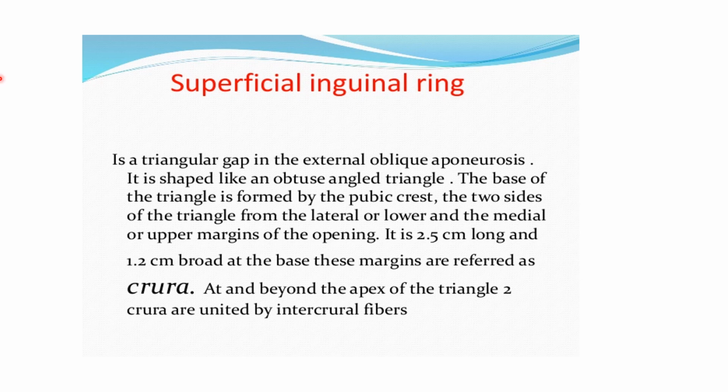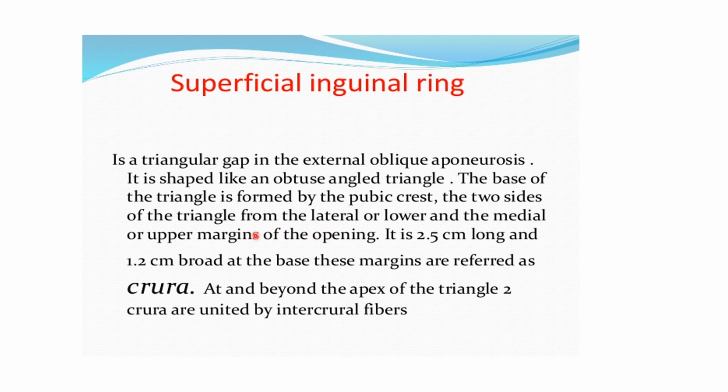So the superficial inguinal ring, as we discussed, the deep inguinal ring present at the lateral end of the inguinal canal is an oval opening in the fascia transversalis. The superficial inguinal ring is a triangular gap in the external oblique aponeurosis, shaped like an obtuse-angled triangle. The base of the triangle is formed by the pubic crest.